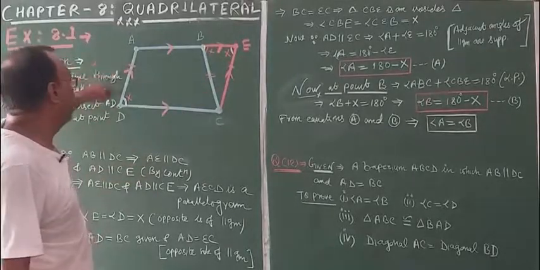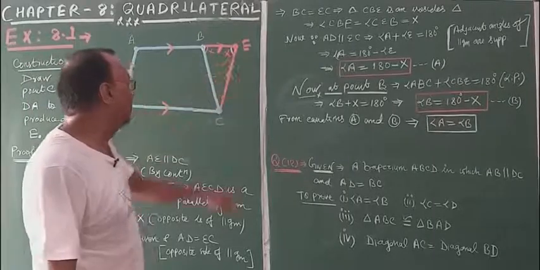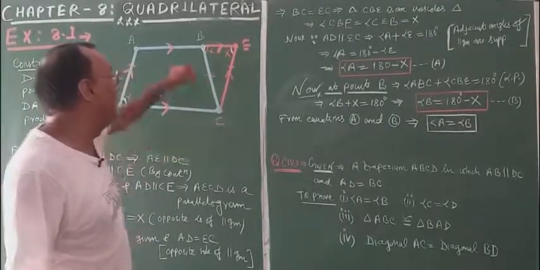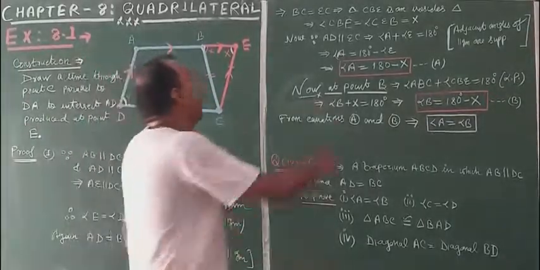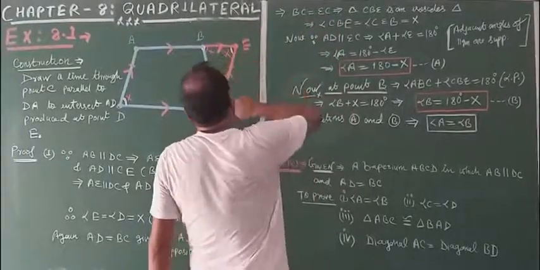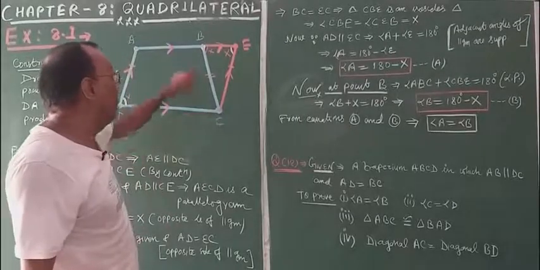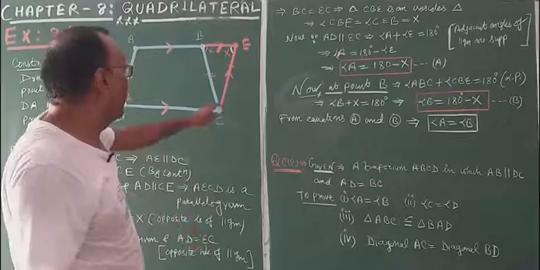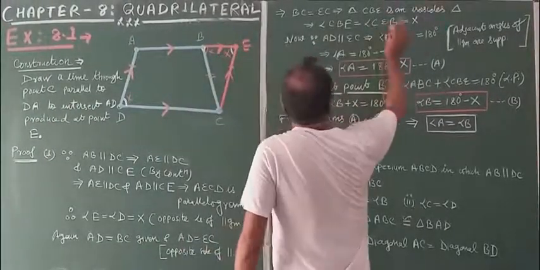Suppose this is 8 centimeters, this is 8 centimeters and this is 8 centimeters. It means BC will be equal to CE. So BC is equal to EC, therefore triangle CBE is an isosceles triangle.